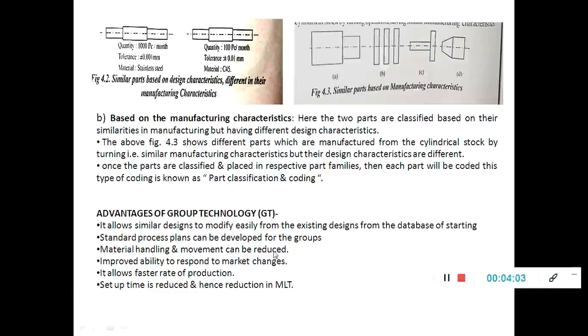Movement can be reduced, with material handling and movement of product reduced. Then if there are any changes in the market, we can respond quickly with the help of group technology. We can also achieve a faster production rate. Then setup time is reduced, hence manufacturing lead times are also reduced. So these are some of the important advantages of group technology.